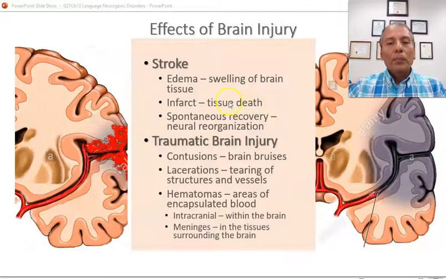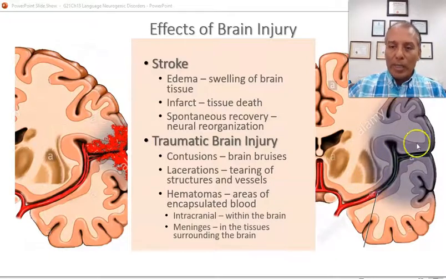So there's edema, and there's an infarction or infarct, which is an area of dead neurons, because once you disrupt the oxygen, the blood supply is going to deprive the neurons in this area of the oxygen and glucose and other nutrients that are essential to their survival.